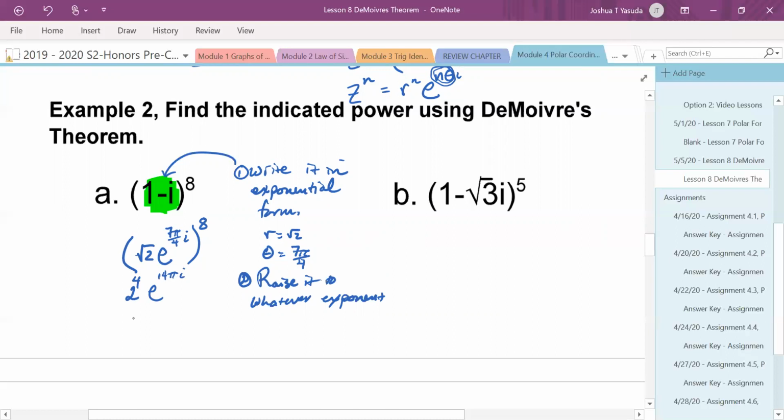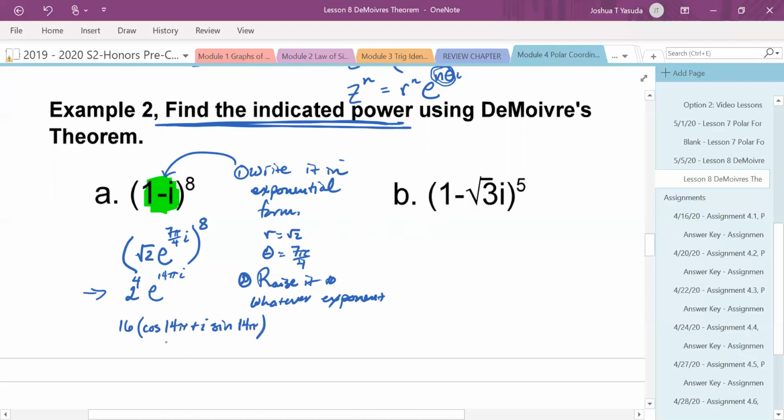Hopefully. So you get 16, and we're going to solve this out. Because it says find it, this isn't really finding it. Finding it would be going to 16 times cosine of 14 pi plus I sine of 14 pi, and actually figuring it out.